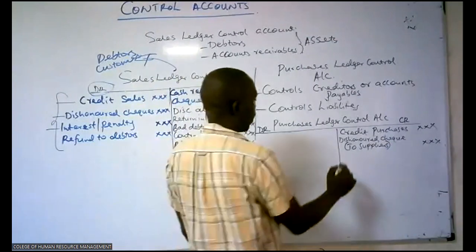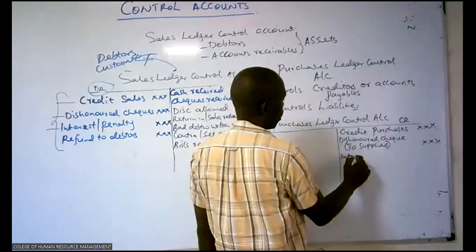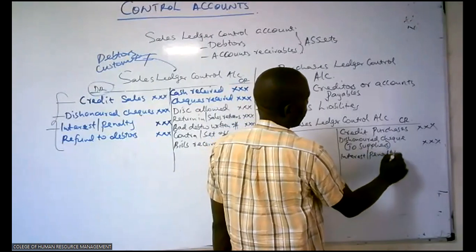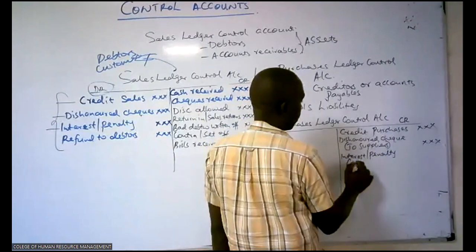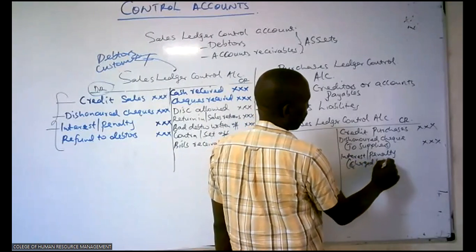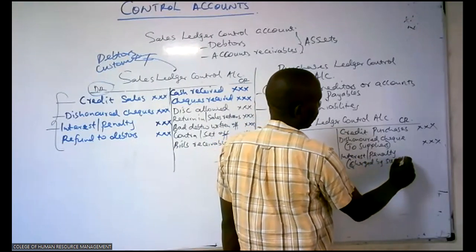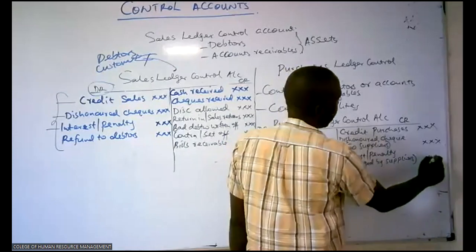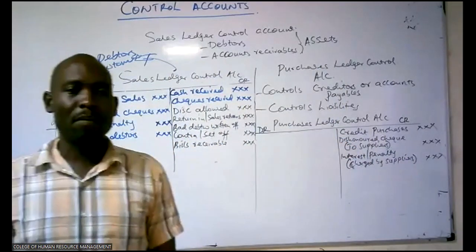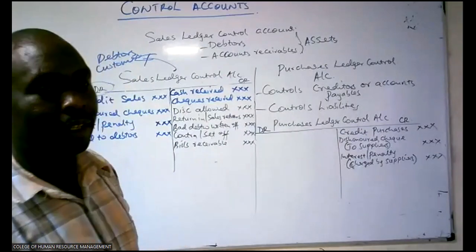Then we also have interest or penalty that must also be charged by suppliers. When we delay paying the suppliers, they might charge us or impose a penalty.